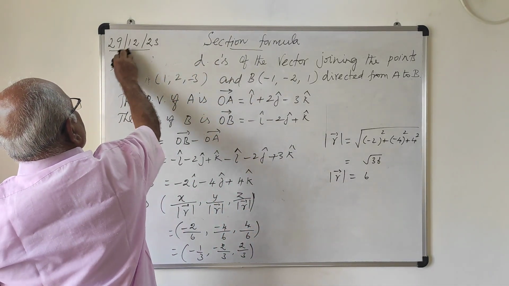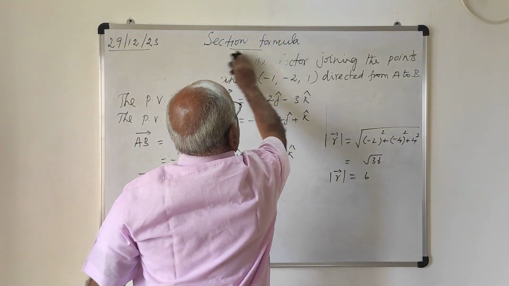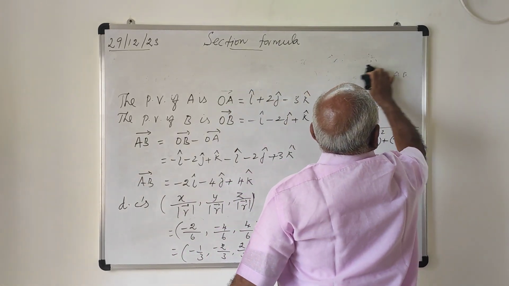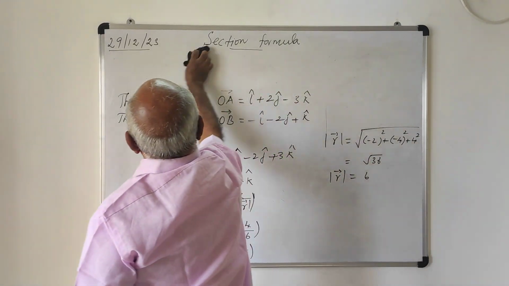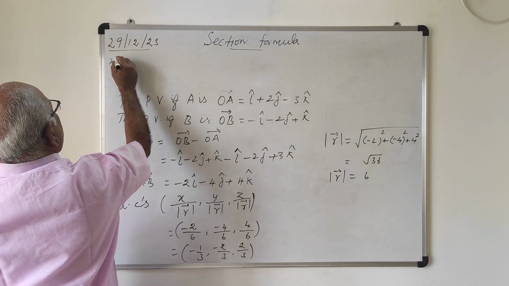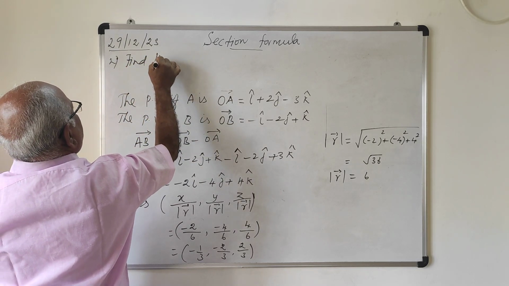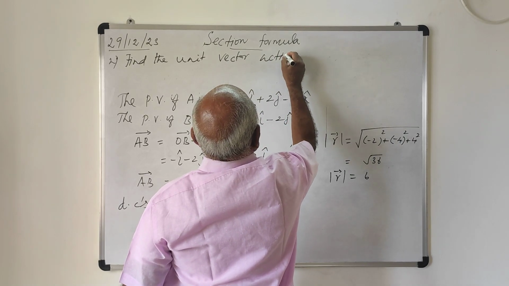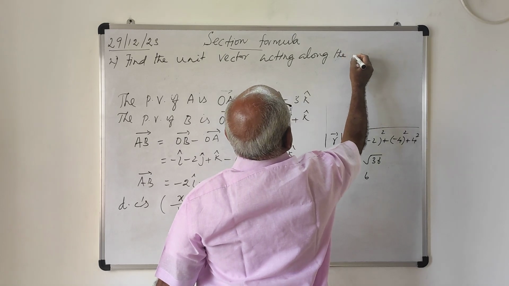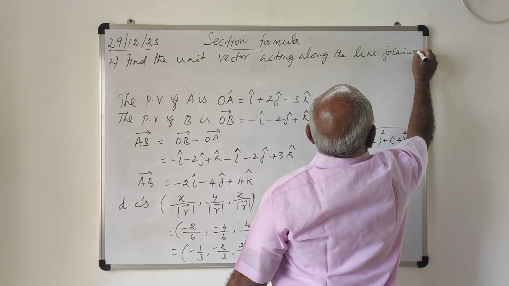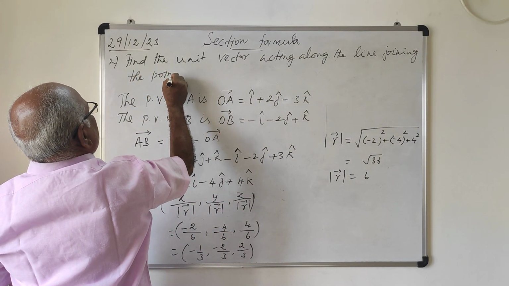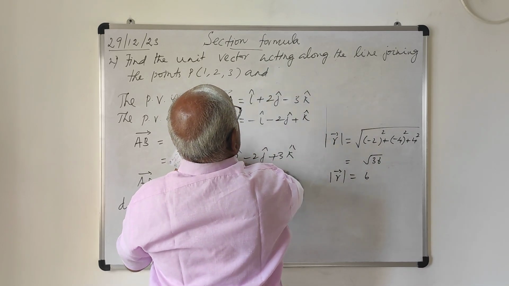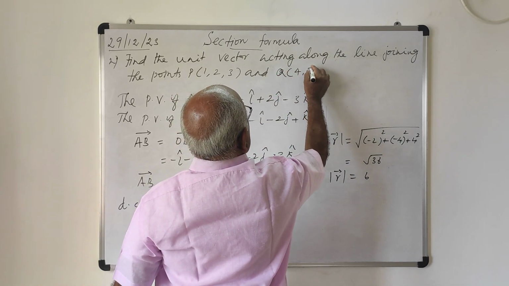And another problem. Find the unit vector acting along the direction of the line joining the points P and Q. P is 1, 2, 3 and Q is 4, 5, 6.